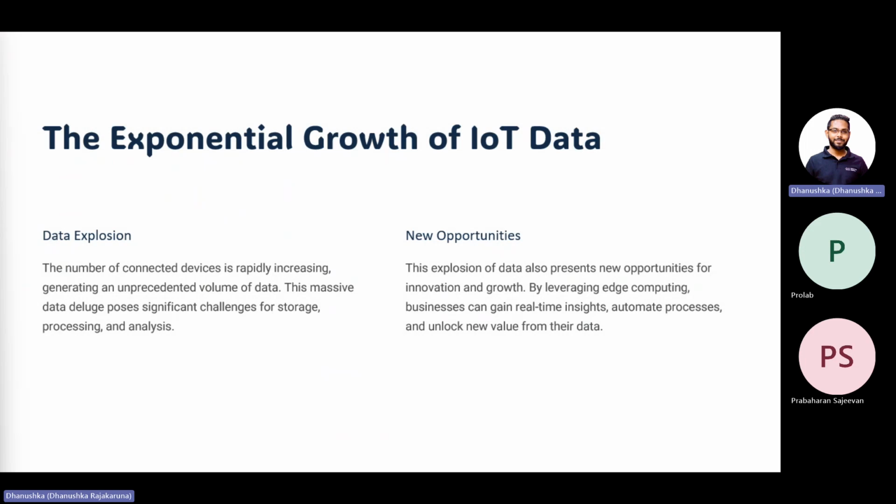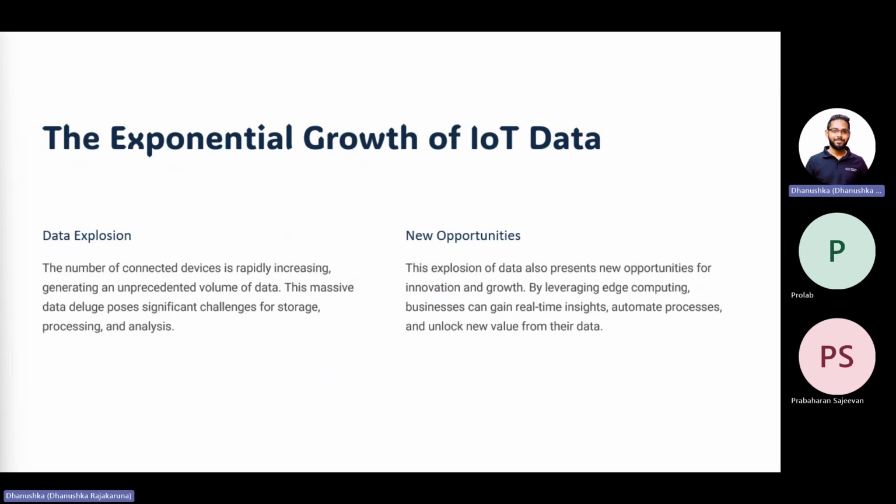Data volume: IoT generates vast amounts of data daily. For example, an autonomous vehicle can produce up to 40 terabytes per hour. Data velocity and data variety are also part of the scale of the IoT data explosion.